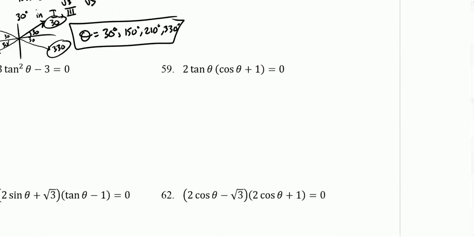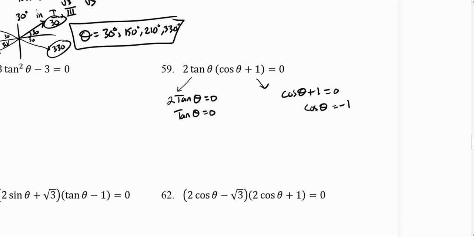59, it's factored for us, and so what we're going to do is split up our factors. We got 2 tangent theta equals 0, and cosine theta plus 1 equals 0. Divide by 2 on the left hand side and you get tangent theta is still 0. Subtract 1, you get cosine theta is equal to negative 1.